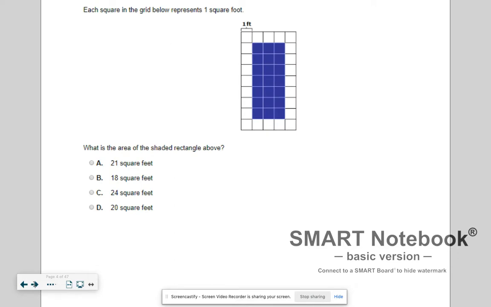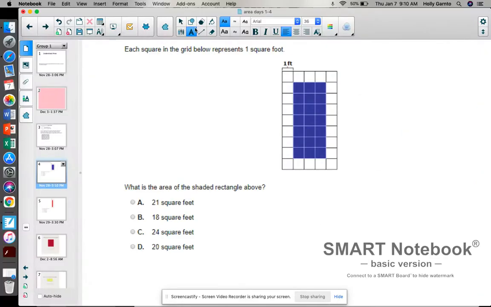Okay, next one. It says each square in the grid below represents 1 square foot. What is the area of this shaded rectangle above? So remember, all we're looking at is the inside. So to find area, all you have to do is count. 1, 2, 3, 4, 5, 6. Let me get my pen, hold on.